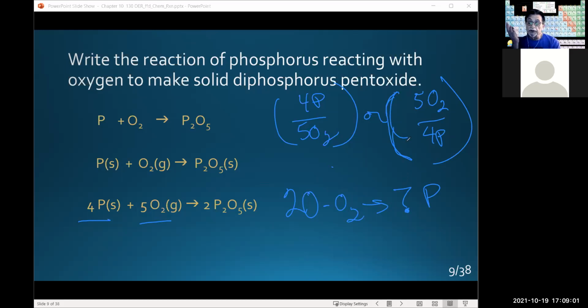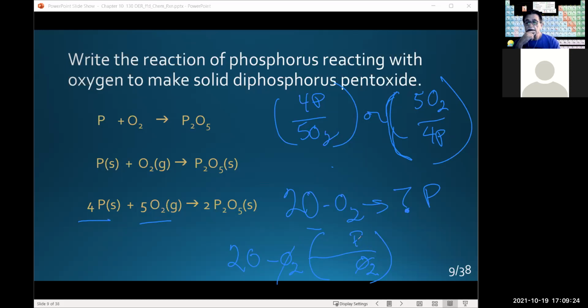No need to guess. We do what we did before: we write down what we're given. We're given 20 O2s. That means we need a conversion factor with O2 in the denominator and phosphorus on top, because we want the O2 to cancel out.